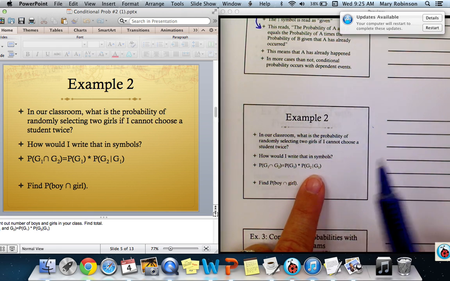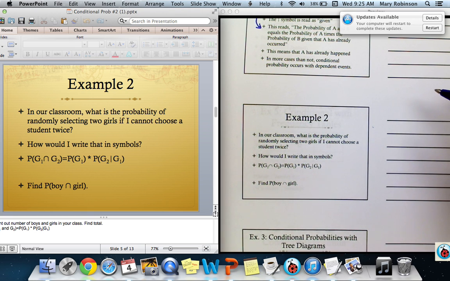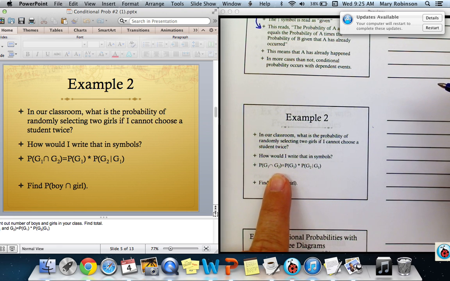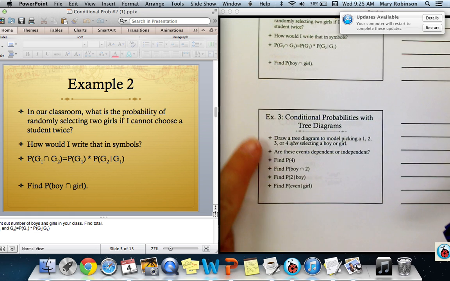Okay? To find that probability, we first need to understand the total of girls and boys in the classroom. Then we want to consider that if girl 2 is chosen after girl 1, there are fewer girls in the classroom and fewer total students to choose from. We will actually work this example in class, so be familiar with how to read it, please.